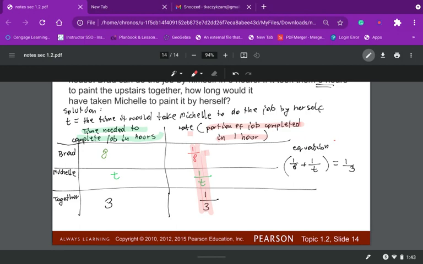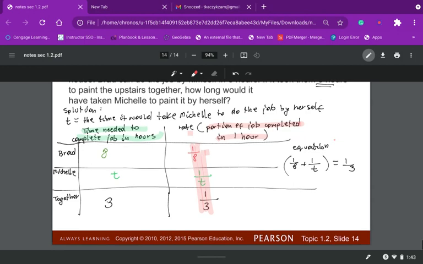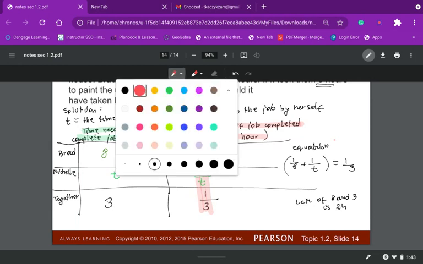Again, what I'm going to do here, I'm going to use the lowest common multiple. So the lowest common multiple of 8 and 3 is 24. I will multiply both sides by 24. Oops, I don't have space. So hopefully you guys don't mind that I will just squeeze it.